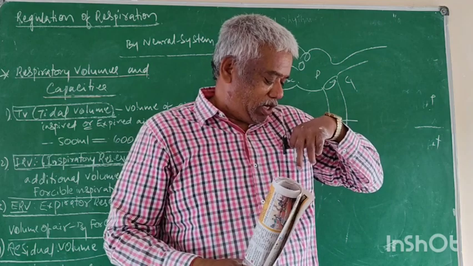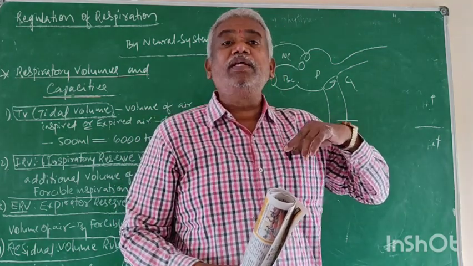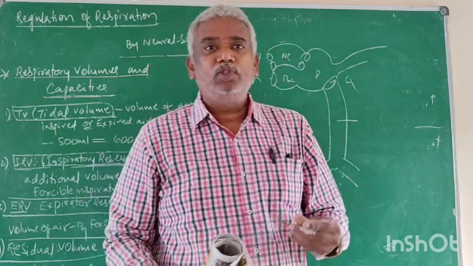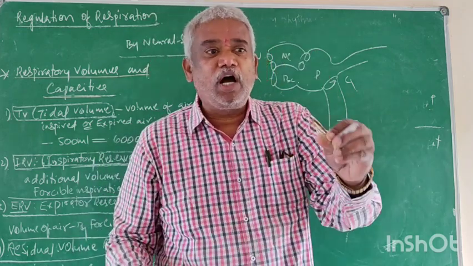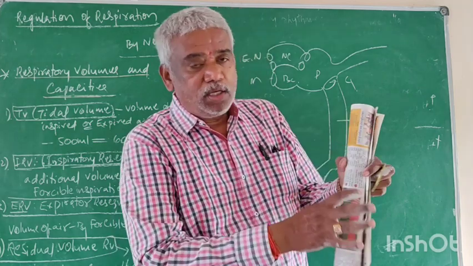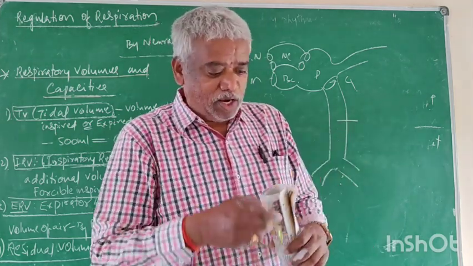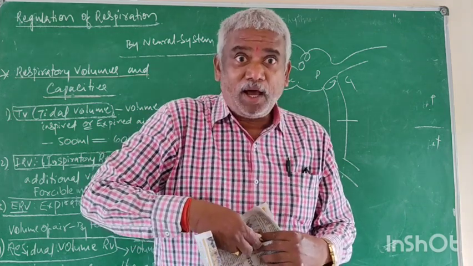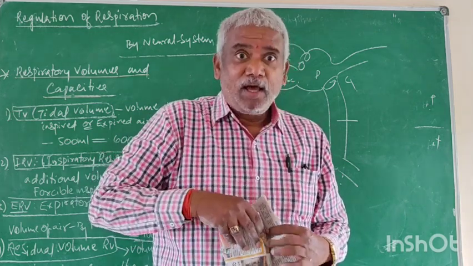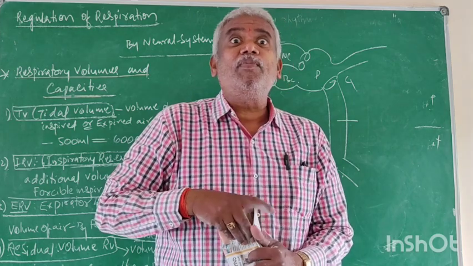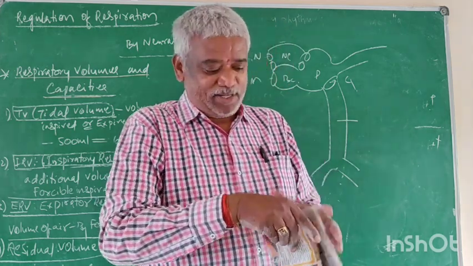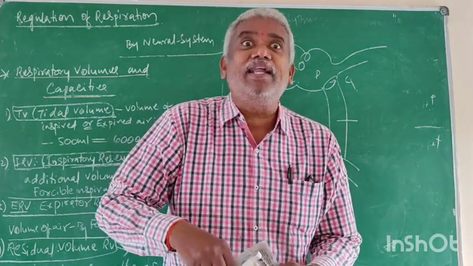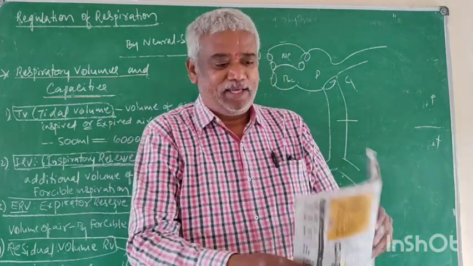Now for your understanding, I bring the bag. This is the bag, a gauze. Using gauze, now what is this? Trachea. Now inside, some rings will be there. Cartilaginous rings, inside the trachea.